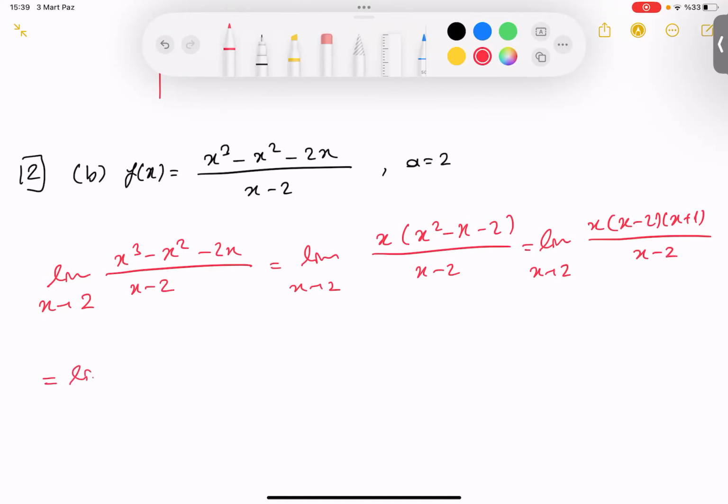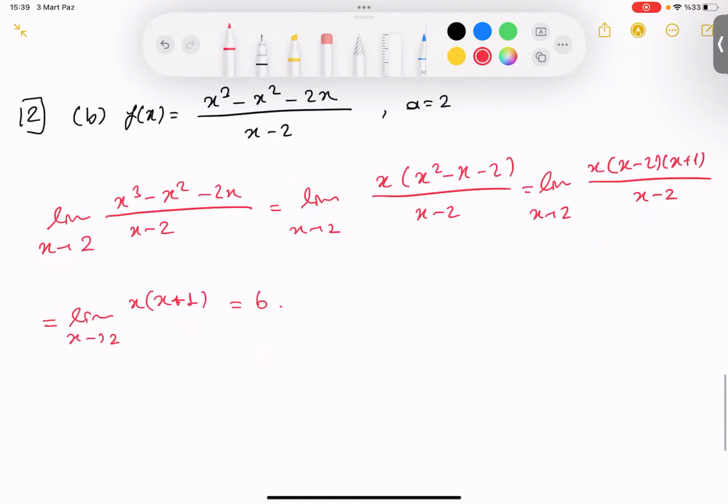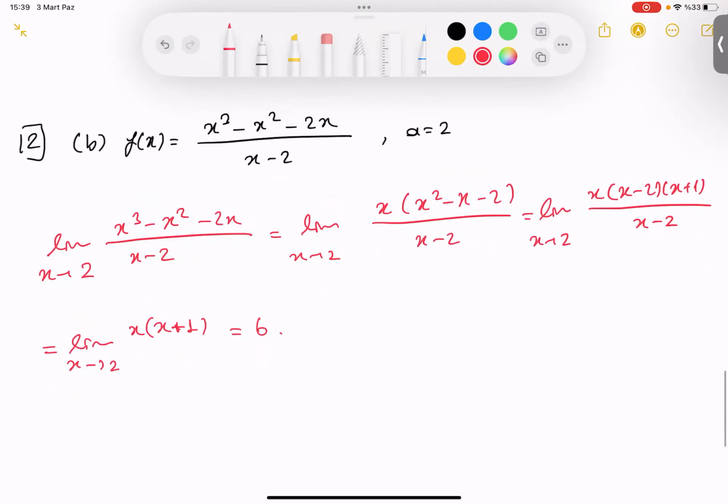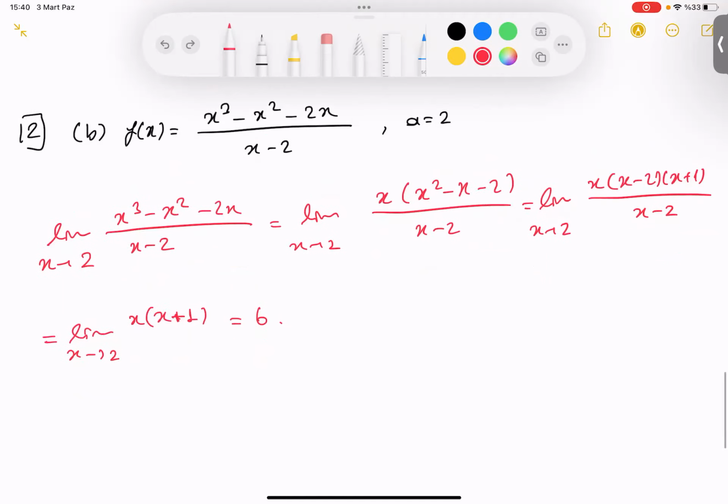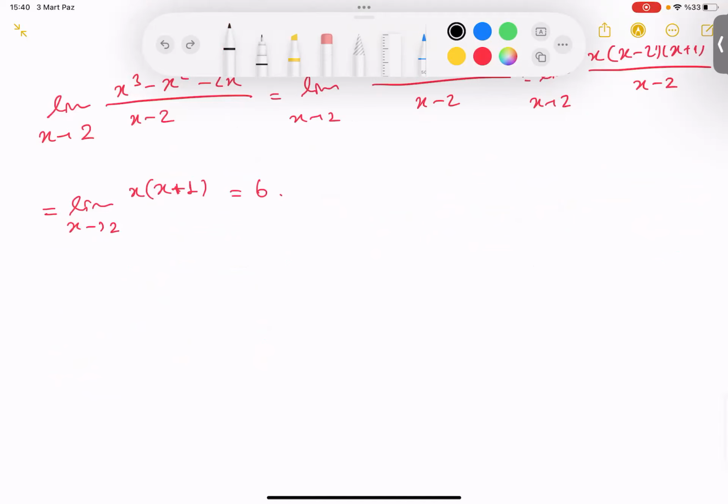Now we can get rid of those x minus 2s and get this. Now if you plug in x equals 2, you will get 6. Now the function is not defined there yet, right? When x equals 2, it's not defined. We have 0 in the denominator, so it's not defined. But it has limits. So if you rewrite the function in this form, if x is not equal to 2, let's define the function the same.